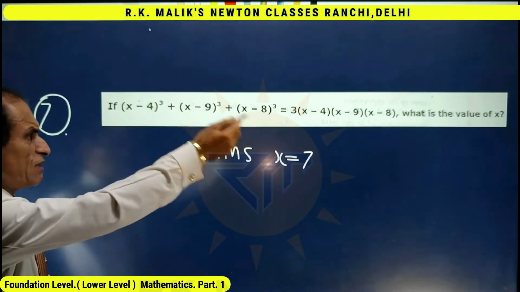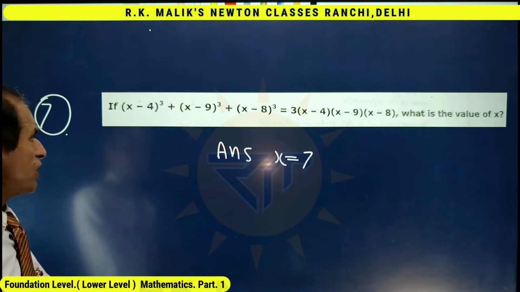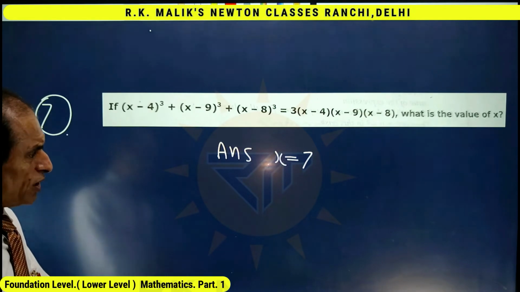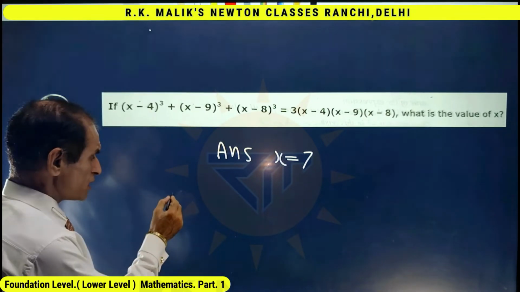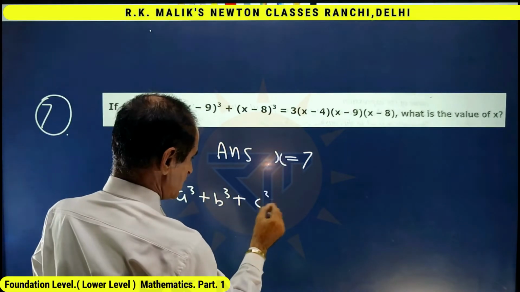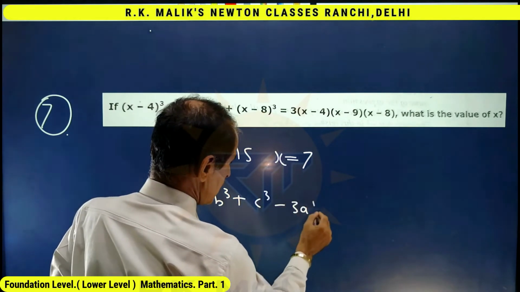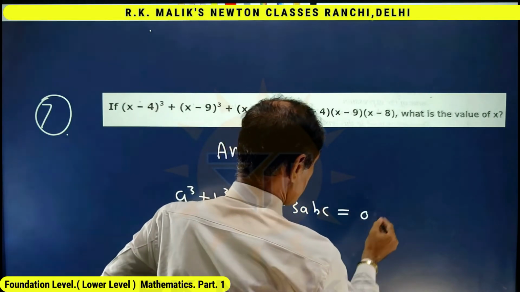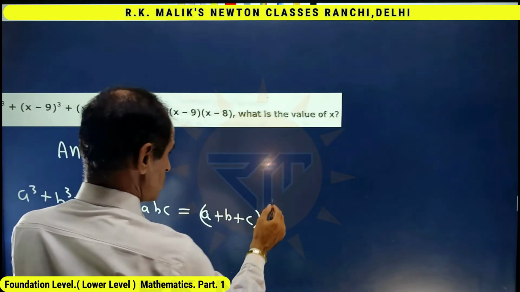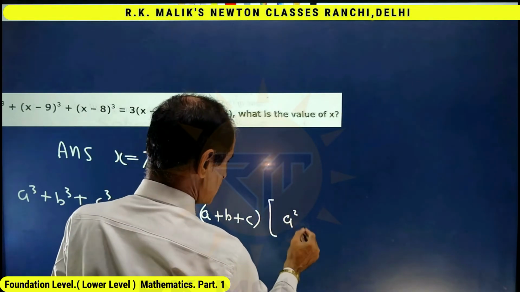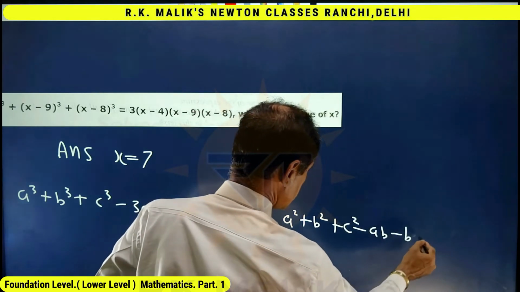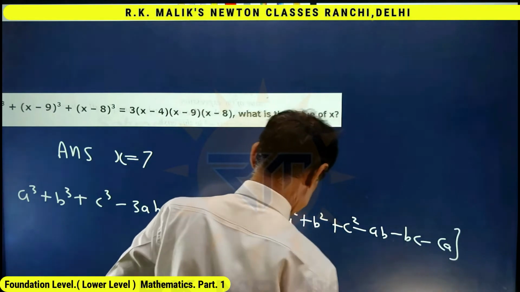In this question, this equation is given to us and we have to find the value of x. It seems to be a tough question, but actually it is very easy. The only point to be noted is, we know that a cube plus b cube plus c cube minus 3abc is equal to (a plus b plus c) into (a square plus b square plus c square minus ab minus bc minus ca).